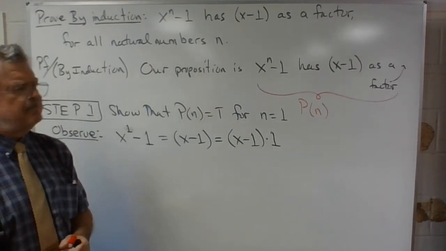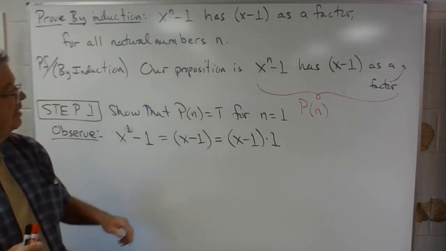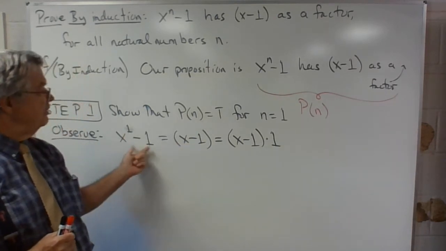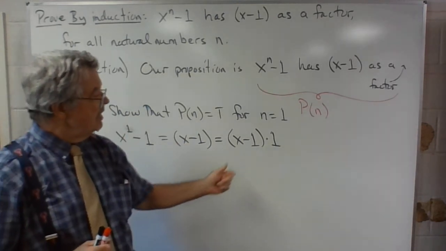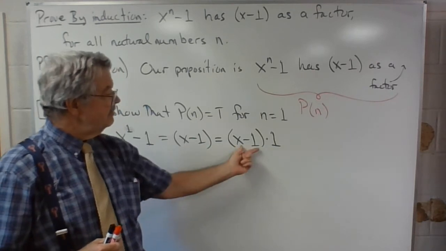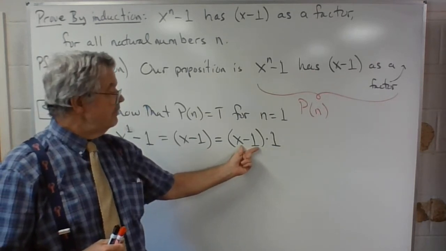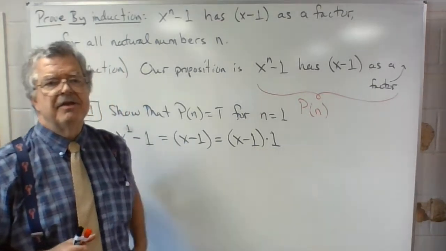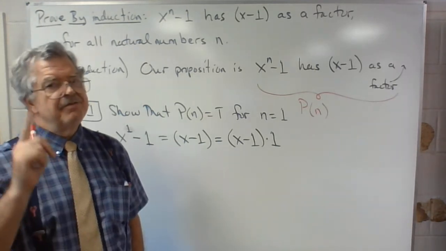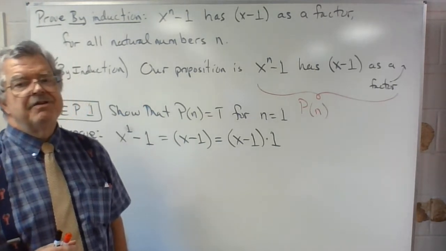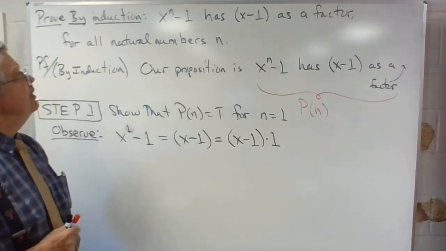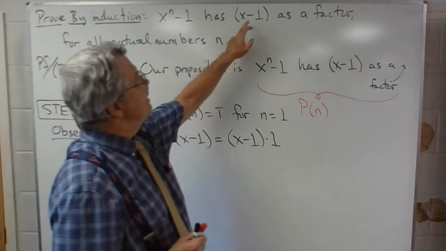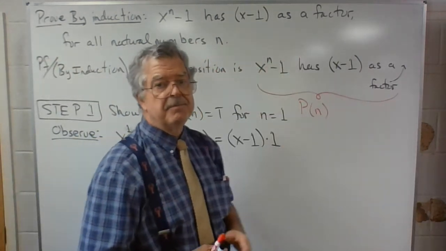Now I claim that when n equals 1, x to the n minus 1 is just x minus 1. And this expression has x minus 1 as a factor. We can write x minus 1 times 1. And I'm going to write it like this because I need, and I should have done this earlier, to define exactly what I mean when I say this polynomial x to the n minus 1 has x minus 1 as a factor.